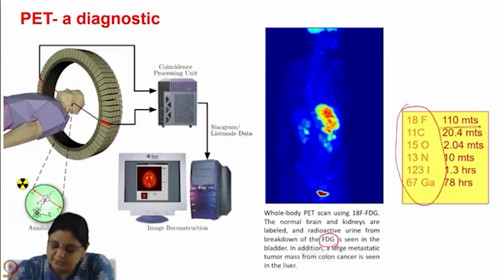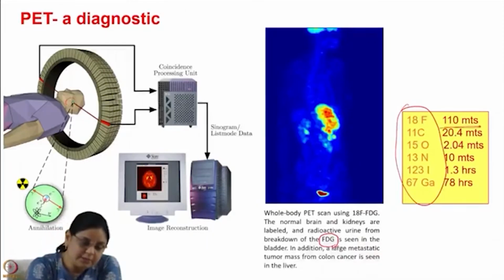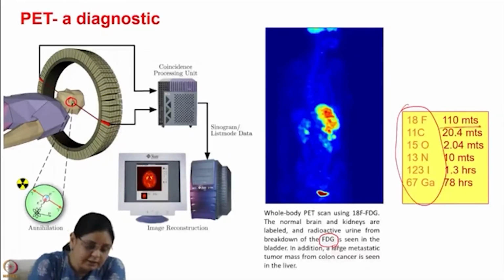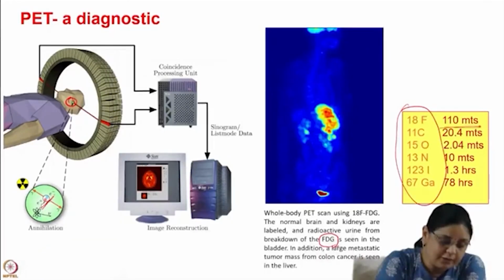So it goes and sits in the tumor, and at the location of the tumor the fluorine-18 will emit a positron, and there are a lot of free electrons around. So this positron will immediately combine with a free electron, and an annihilation reaction will take place, emitting two gamma rays in opposite directions.